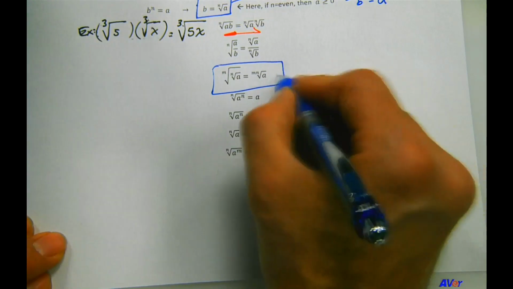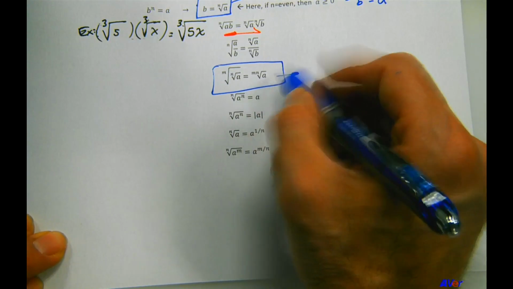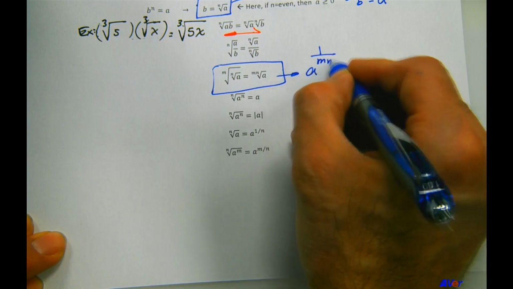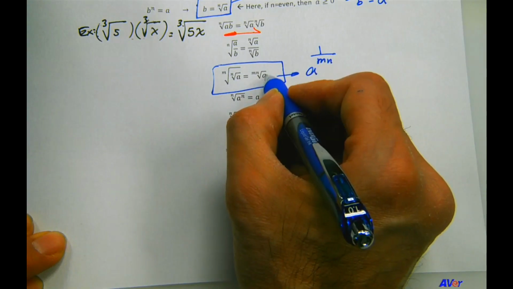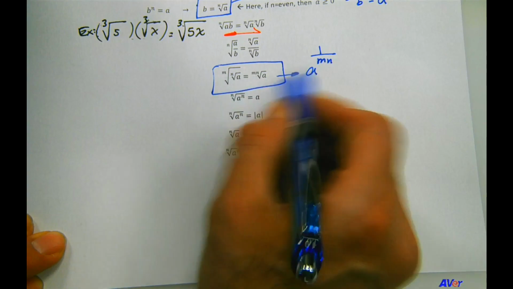And by the same token, if you want, you can rewrite this in terms of a fractional exponent. So a to 1 over mn, right? The power 1, which is the power of a on the inside, divided by the index, which is m times n. Okay?